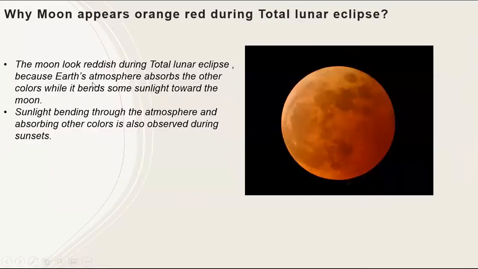The Moon looks reddish during a total lunar eclipse because Earth's atmosphere absorbs the other colors while it bends some sunlight toward the Moon. Sunlight bending through the atmosphere and absorbing other colors is also seen during sunsets.